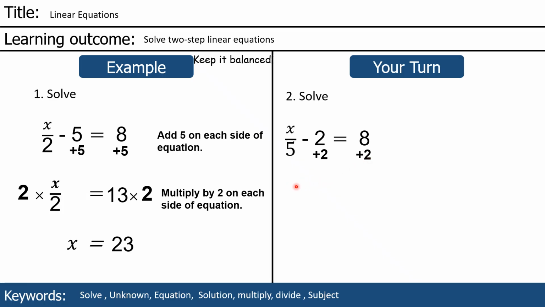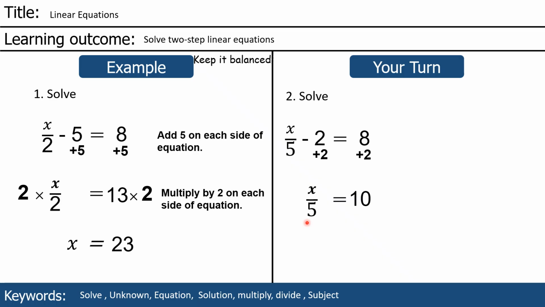So now we have x divided by 5 is equal to 10. And the reverse of dividing by 5 is multiplying by 5.